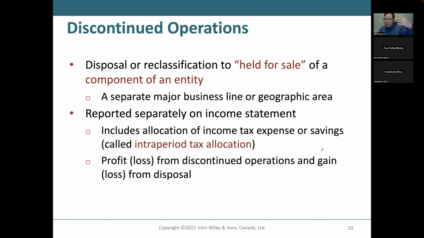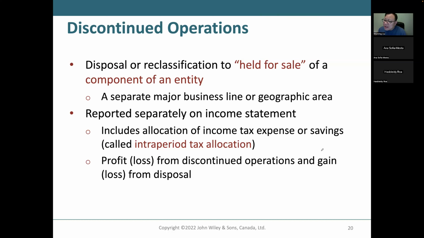So when I'm evaluating this year's performance of the corporation, I have to filter the effect of the discontinued operation, because when predicting next year's performance, I will not include the information from the discontinued operation. So the requirement is that on the income statement, you have to report the information from the discontinued operation separately.